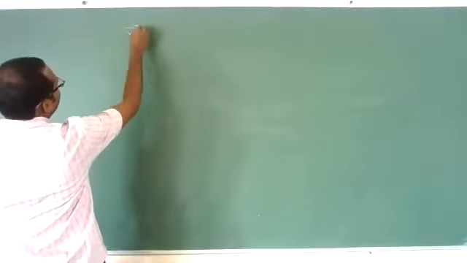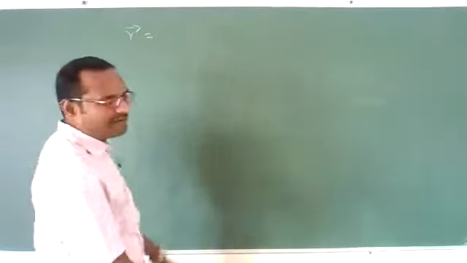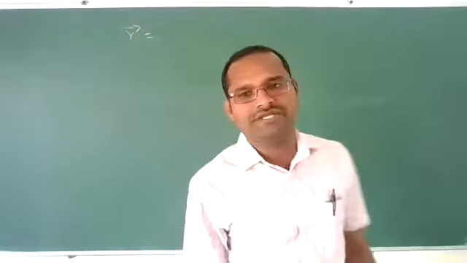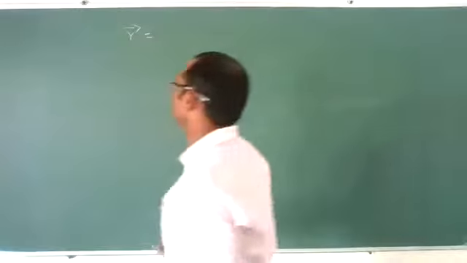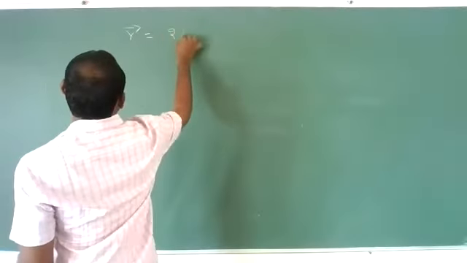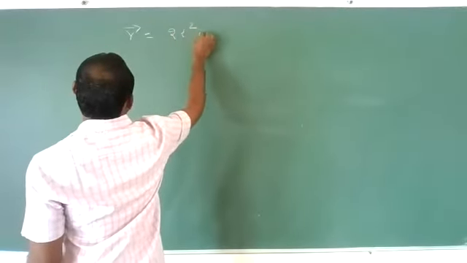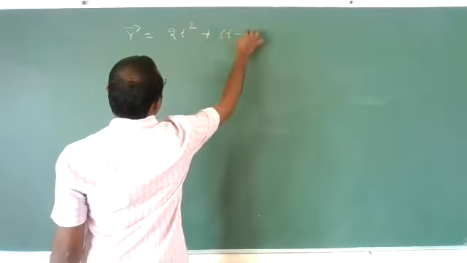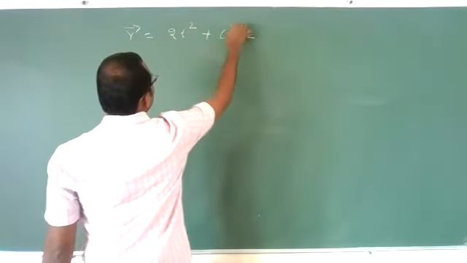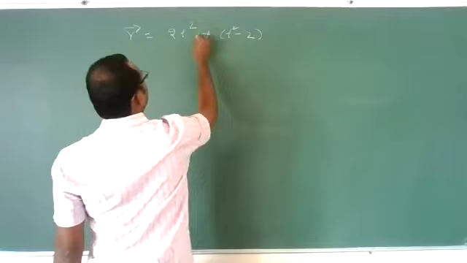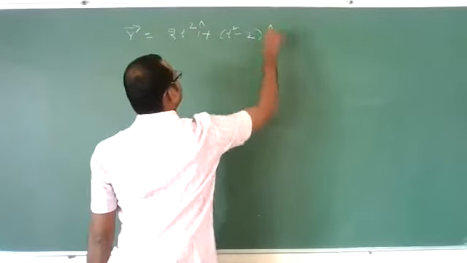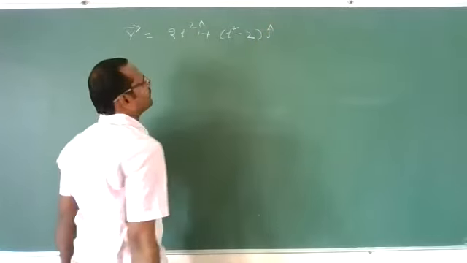For example, the position vector of a particle is given as r bar equal to 2t square i cap plus (t square minus 4) j cap.